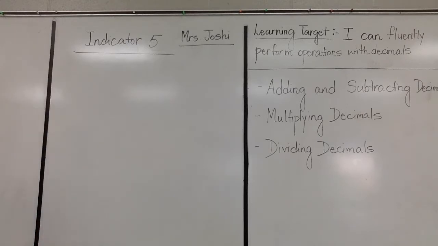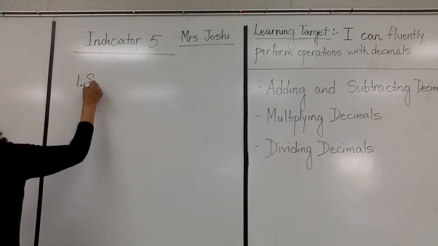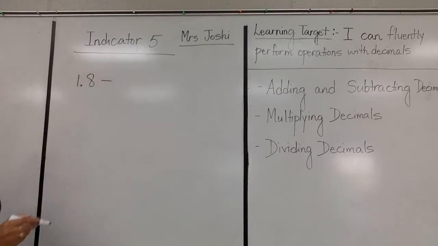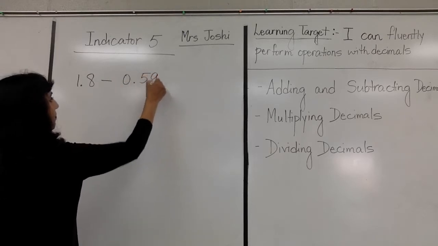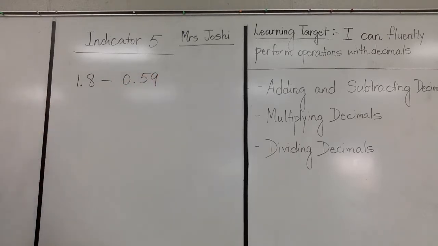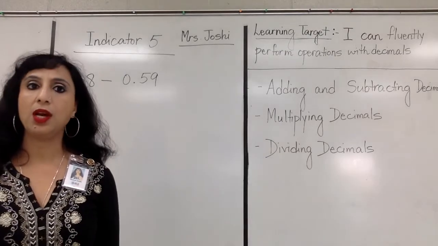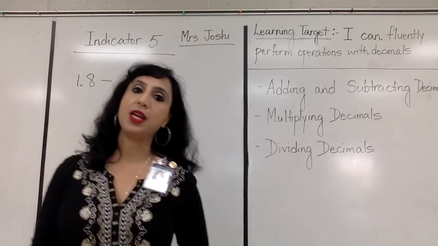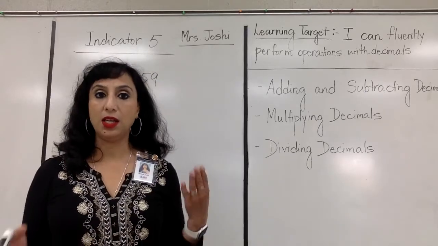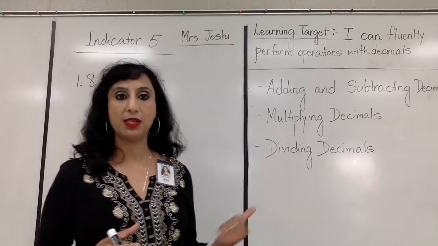All right, let me give you 1 and 8/10 minus 59 hundredths. Now again, please remember the rule. Same place values under same place values, decimals under decimals, and that's how we subtract decimals.